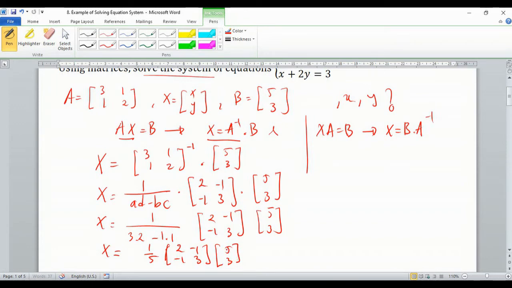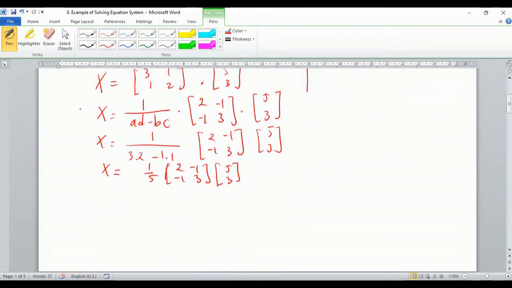Now solve this: 2 over 5, minus 1 over 5, minus 1 over 5, 3 over 5.